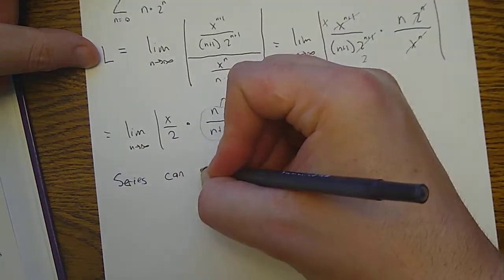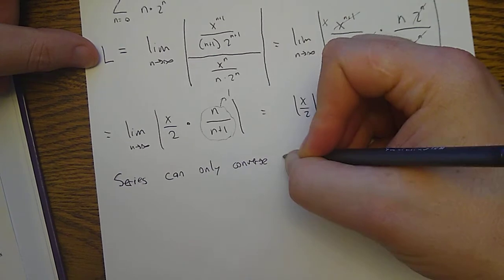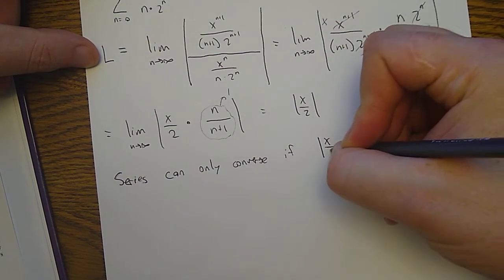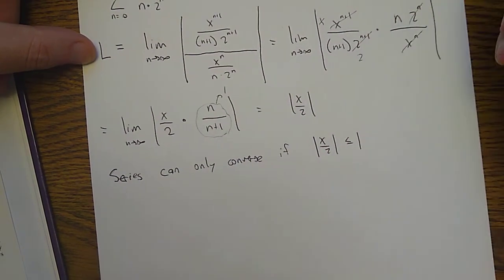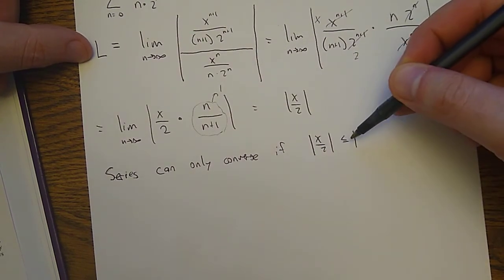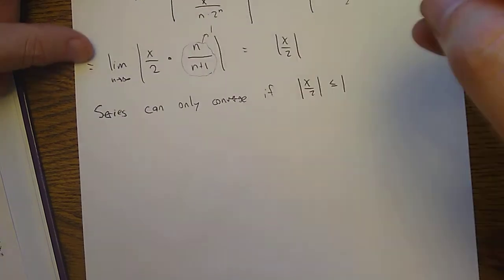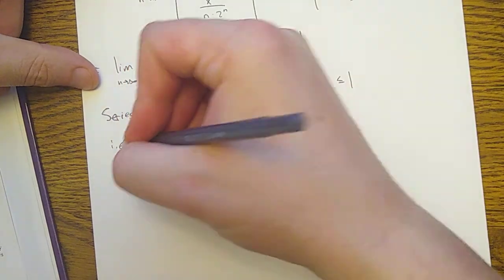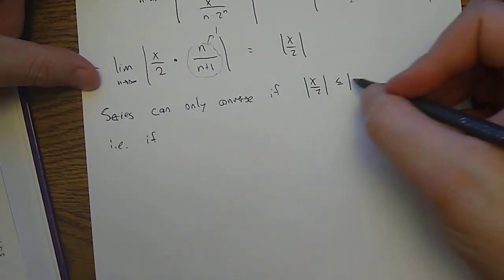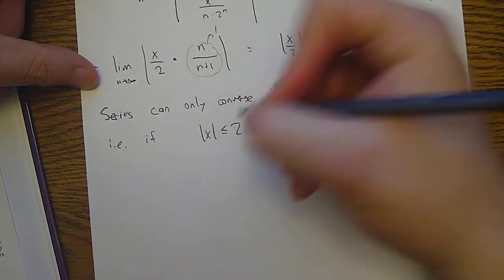The series can only converge if this is less than or equal to 1, because it might converge even if this does equal 1. It definitely converges if it's less than 1. So I guess that would be the absolute value of x is less than or equal to 2.